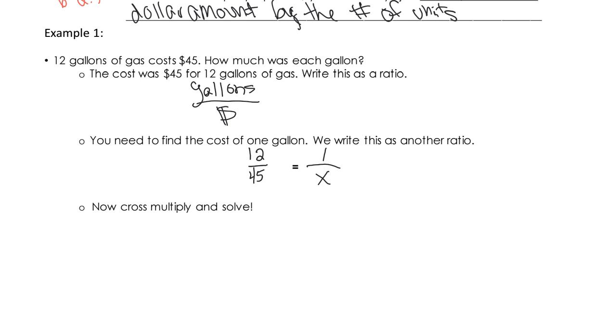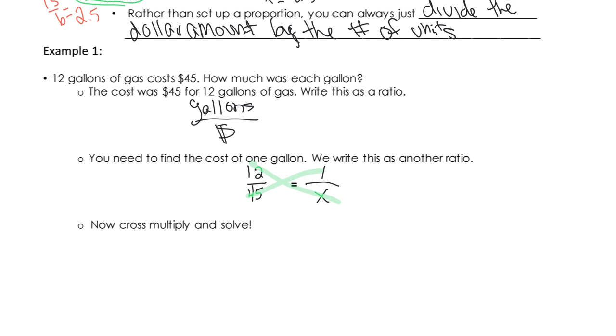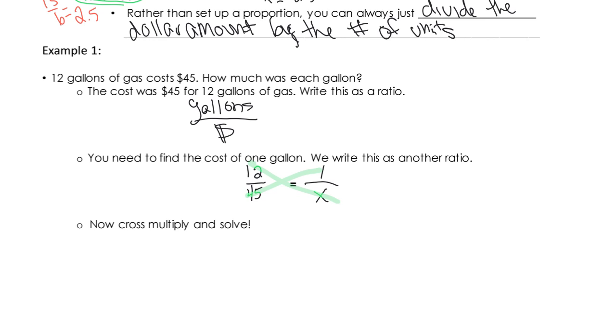So now we solve this. So again, we cross multiply. So we have 12x equals 45. Divide by 12. X is equal to, hopefully you get 3.75.